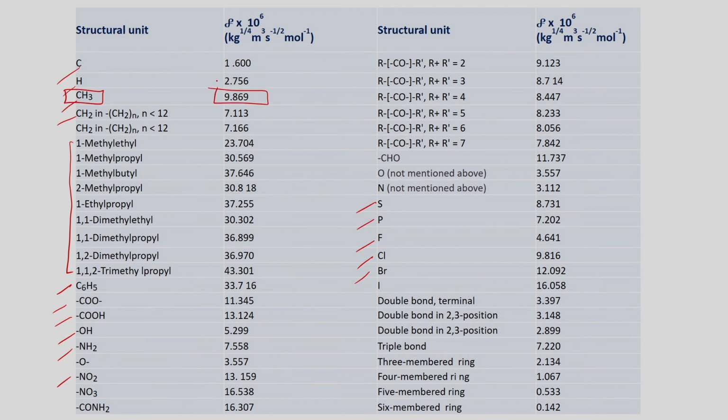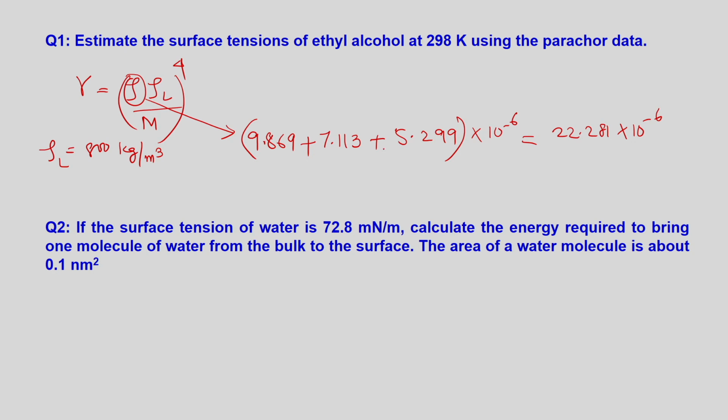Then we have the CH2 group, this 7.113, which is CH2 because N is less than 12. Then we have the OH group. What I did is just add up all these values, because it is 10 to the power of minus 6. So this is what we get.